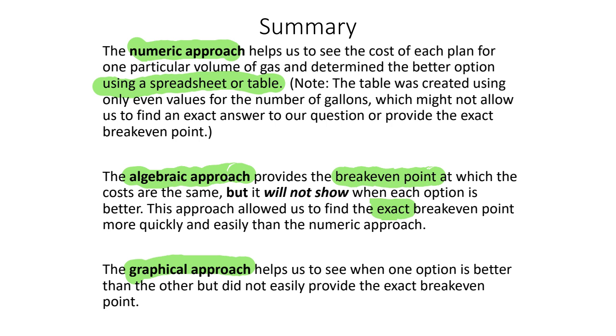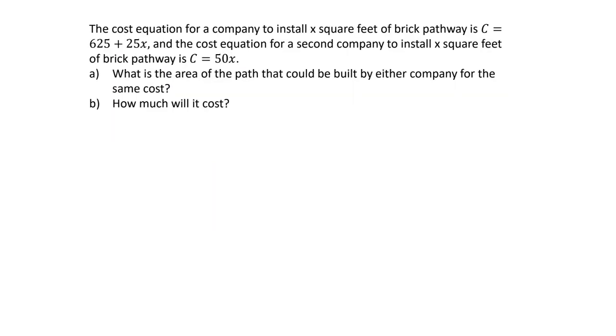Now, knowing these terms, you have two story problems, and it's understanding what the story problems are asking you. Now, it says the cost equation for a company to install X square feet of brick pathway is C equals $625 plus $25 per square foot. Per square foot is that 25x.